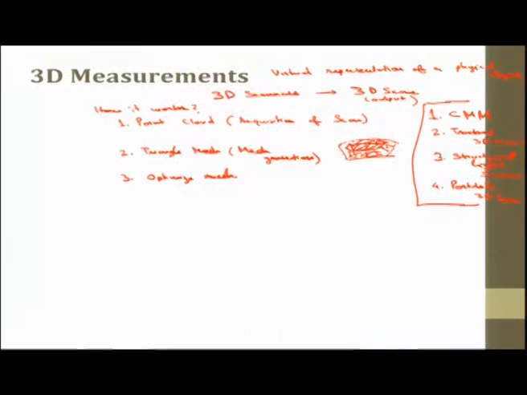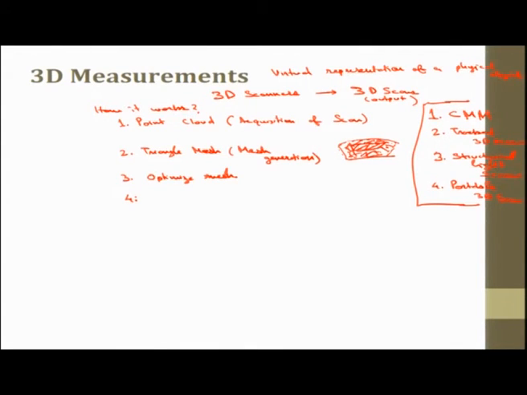Then the fourth point here is the output of the mesh. Images and scans are brought into a common reference system where data is merged into a complete model. A complete model is formed.